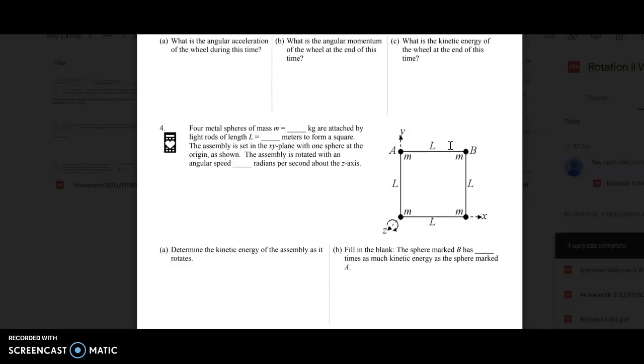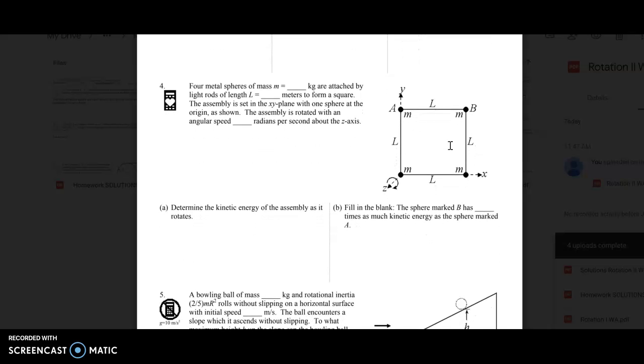I think you can find kinetic energy. So 4 looks like a center of mass problem. Let's see, is it center of mass? Kinetic energy? No, maybe it's not. Kinetic energy. Okay, so you're given n, you're given the length, you're given omega, right?